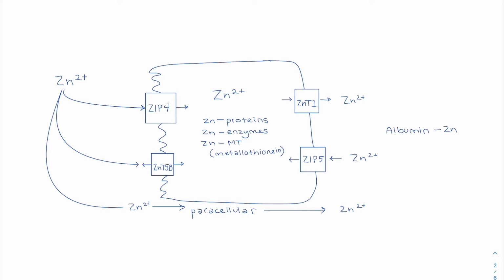If we don't have any ZIP4, we have problems absorbing zinc into our intestines, which leads to AE, dermatitis, poor growth, alopecia, and immune deficiencies. So we need our ZIP4s. And then once it gets transported into the blood, it binds to albumin, and that's how it travels throughout the rest of the body.